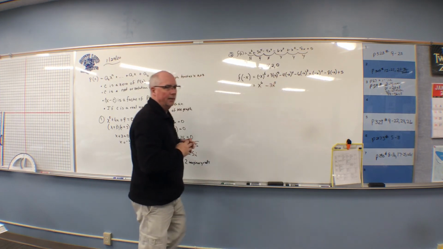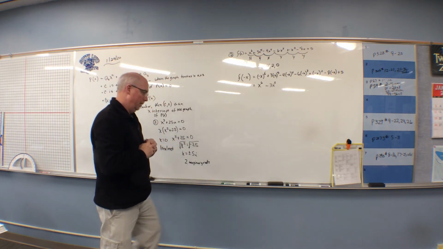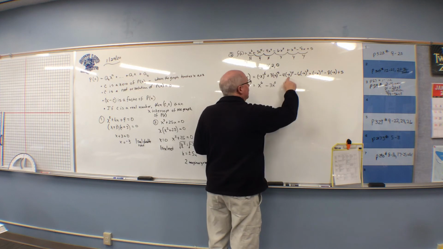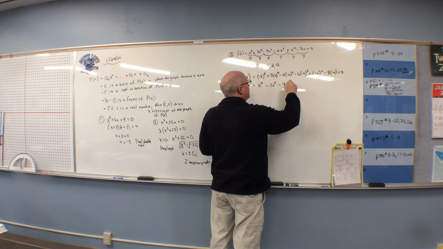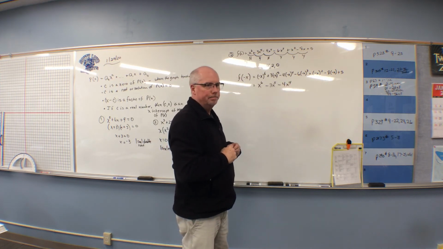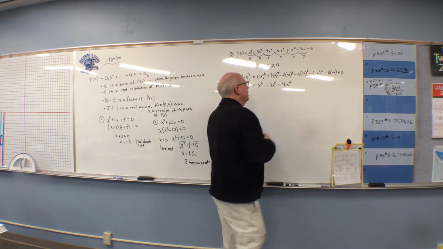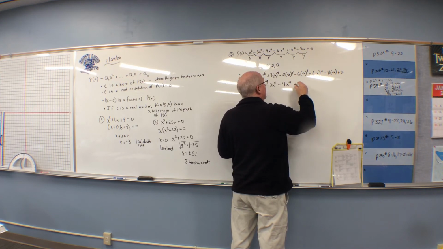This next one is positive, but there's a subtraction sign there. It stays, because I didn't change it since it wasn't negative. The next one is negative, so I have a negative of a negative, which is a positive.